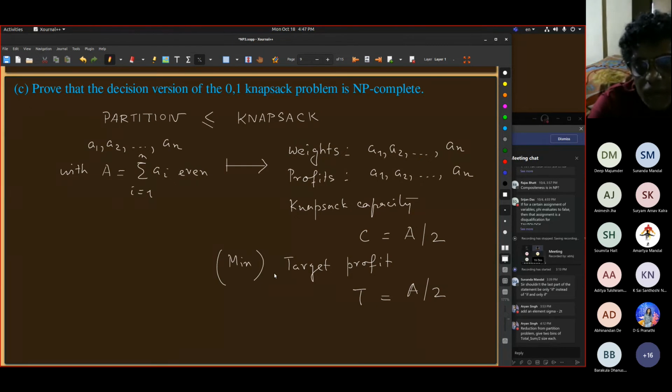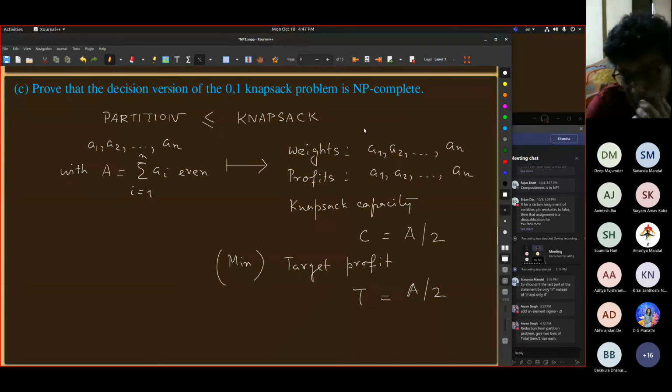Moreover, the total profit will also be equal to A by 2, which is greater than or equal to T. Okay. So if partition problem has a solution, then this instance of the knapsack problem also has a solution.